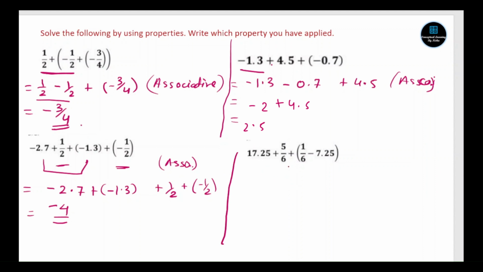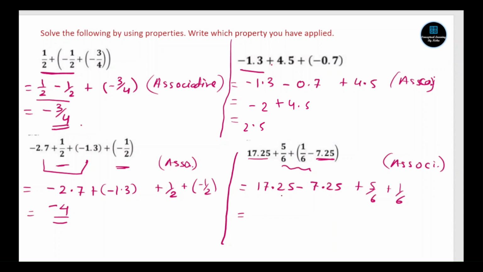Alright. Now, see, the denominators are the same, so I can apply the associative property again. So what do we get? 17.25 minus 7.25, I am taking this number along with this, associating, plus 5/6 plus 1/6.